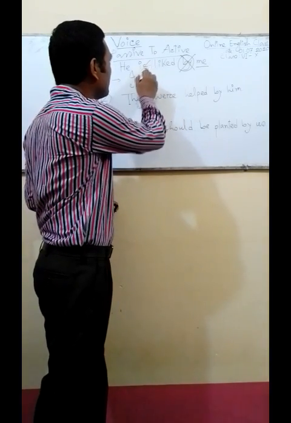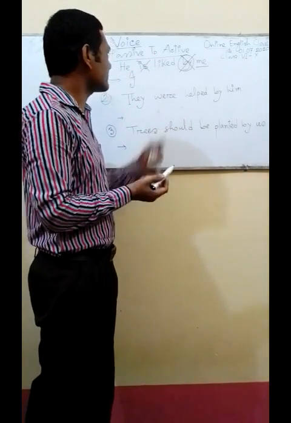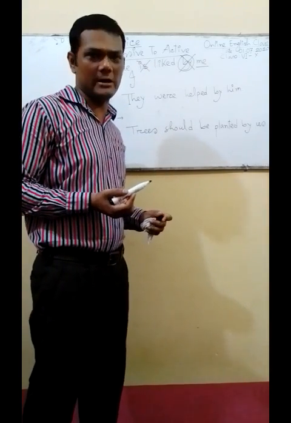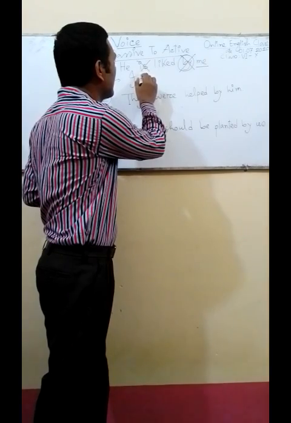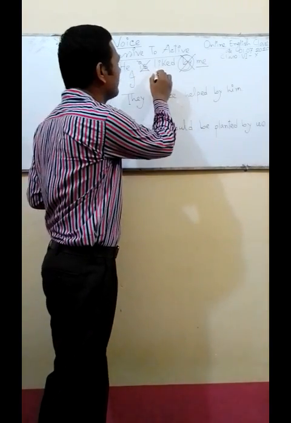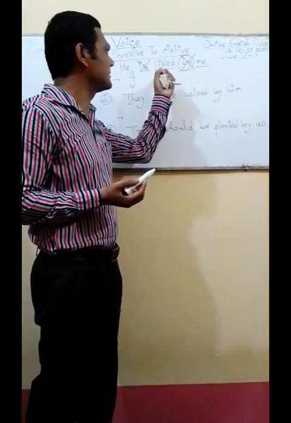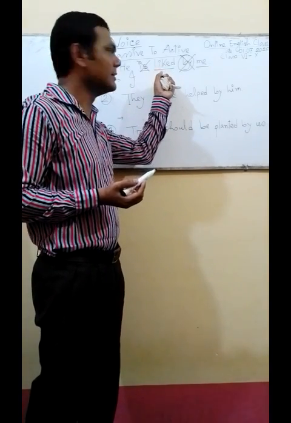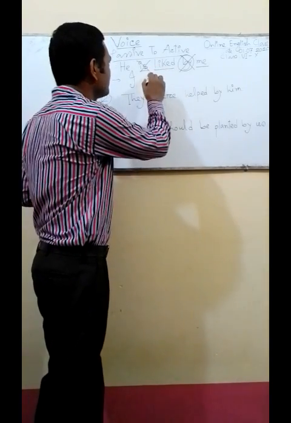And here the auxiliary verb is, and you have to cut it. And then you have to take the verb, and you know that when there is am, is, are, then you have to take the verb of present form, and you know that liked is past participle form, and the present form of liked is like.